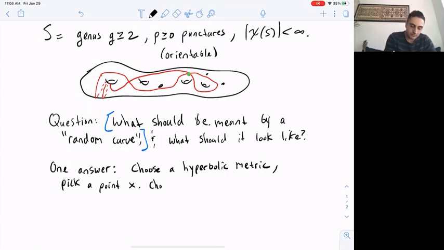So choose at random, and there's a natural finite measure on the set of directions at a fixed point, so I can actually talk about randomness in terms of measure theory there. A direction at x, and flow forwards along a geodesic.